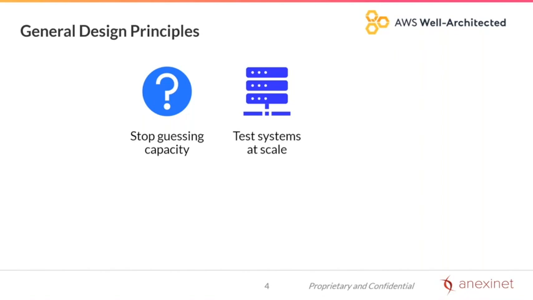In previous environments you may have had testing that was a tenth the size of your production, so you never got to see what happened when you had 10,000 users hitting a workload, maybe only when 1,000 users were hitting that test bed. And the real bottlenecks came up when you hit 10,000. Well, you don't want to discover that in production. So using the cloud allows you to test systems at scale and then deallocate those resources when you're not testing.